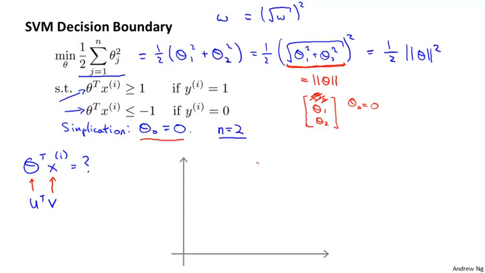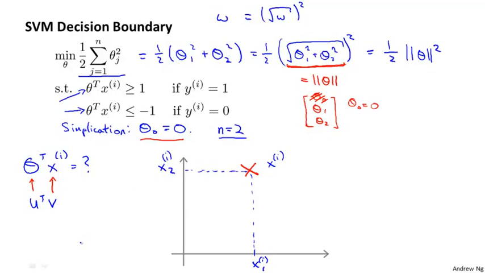So let's say I look at just a single training example. Let's say I have a positive example that I'm drawing as a cross there, and let's say that's my example xi. What that really means is that I've plotted on the horizontal axis some value xi1, and on the vertical axis xi2.